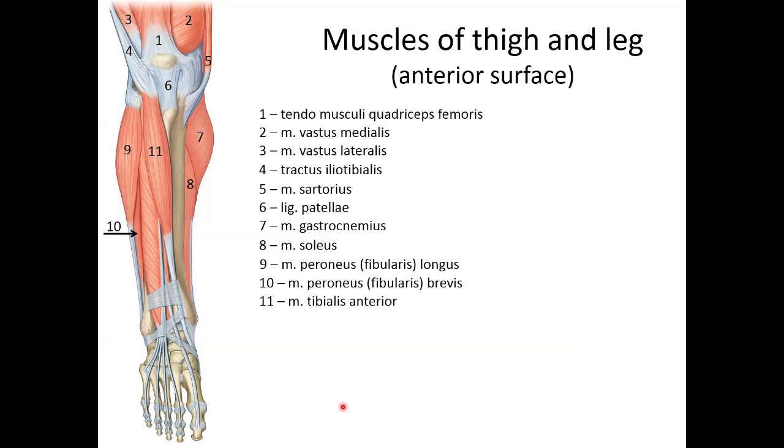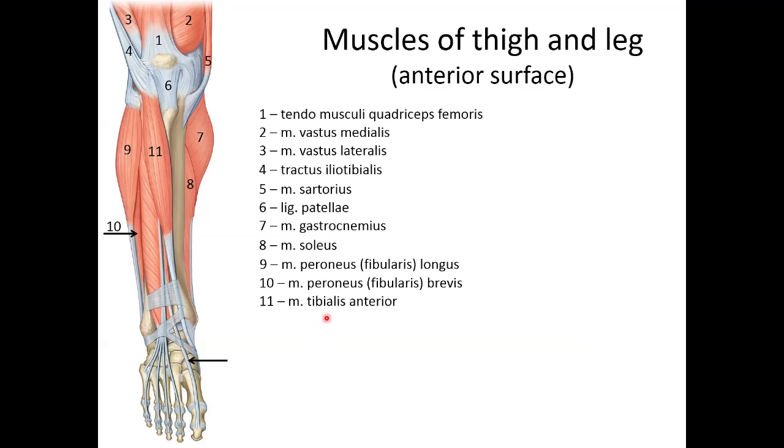It's musculus tibialis anterior. We can follow it into its tendon and find the place of attachment: the first cuneiform bone and the navicular bone.